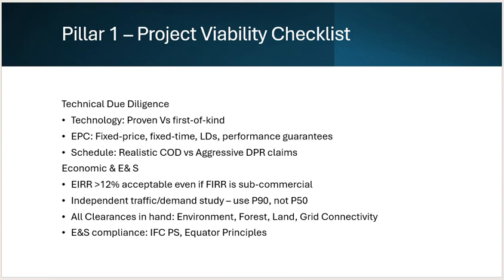And then all the clearances, like environmental, forest, land, or grid connectivity, or the National Highway Authority of India itself authorizes that before we start the project, more than 90% of land acquisition will happen before the project is allocated to the project sponsor.